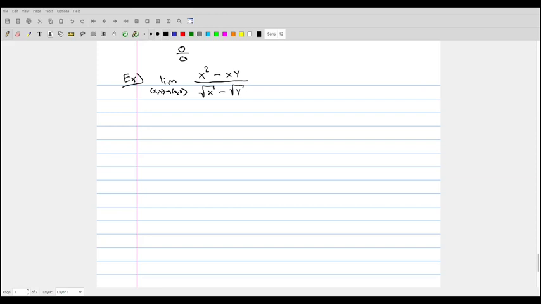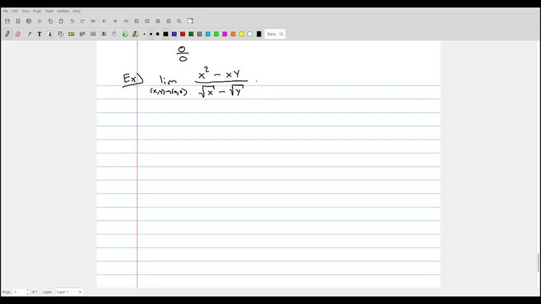In some sense, it's very similar to the concept of a removable singularity from calculus 1. So you can use algebra to simplify this, and the way that we do that is by cleverly getting rid of these square roots in the denominator, and noticing that this factors nicely.